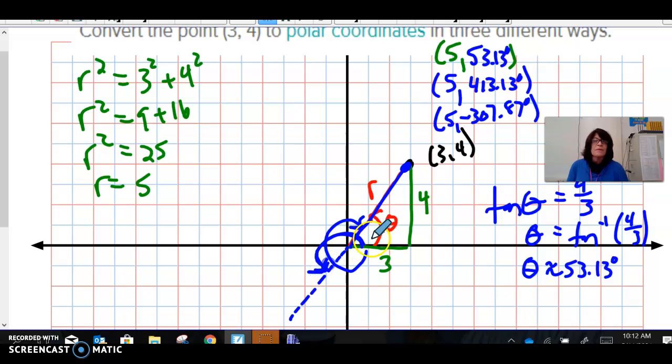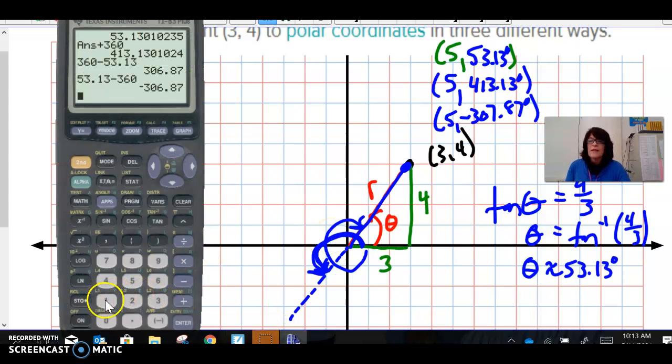If I would choose to use this angle, okay, right here, which I don't know why I would. Most of the time we do this when we're down here. But anyway, an angle that's exactly 180 degrees from the 53. So in other words, 180 plus 53.13.